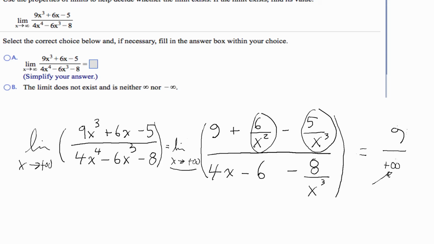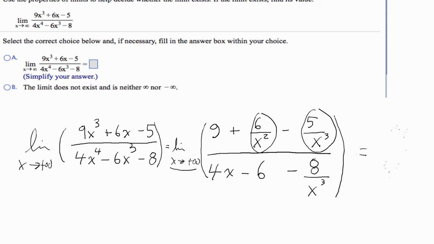That's not something you want to do, but since I can verbalize this, be mindful of the fact that it's getting close to positive infinity. So as a result, our limit is going to be approaching 0.